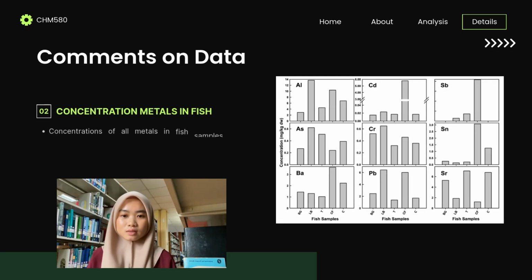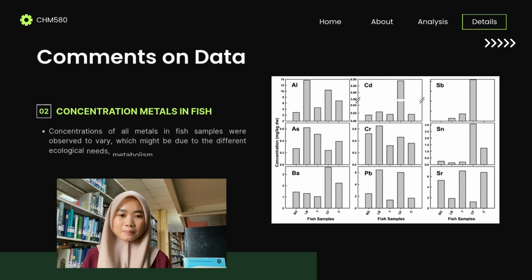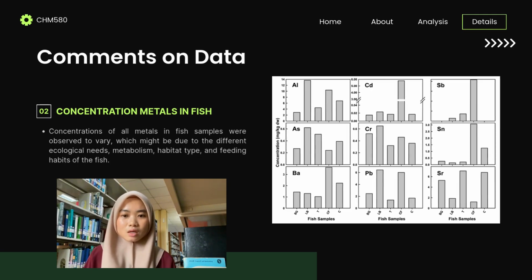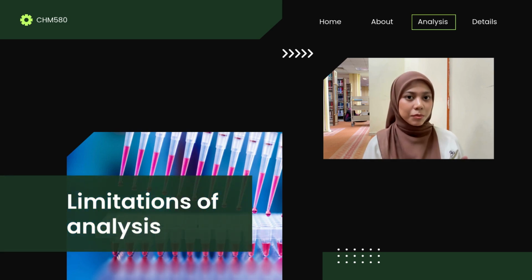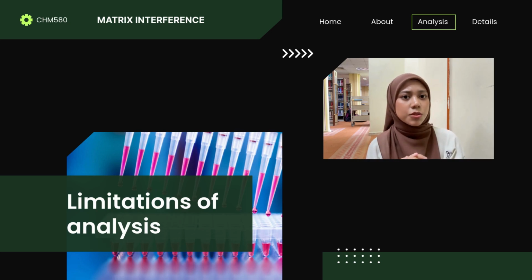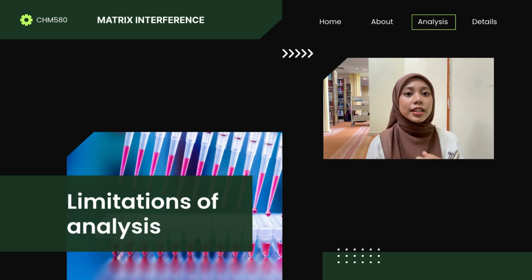Then the concentrations of all metals in fish samples were observed to vary, which might be due to different ecological needs, metabolism, habitat type, and feeding habits of the fish. The limitation of this analysis is the presence of matrix interference. Fish samples contain complex matrix such as protein, lipid, salts, and organic materials that can interfere with the detection of metals.